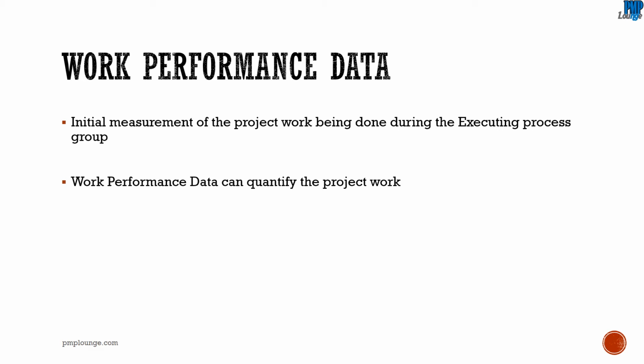A lot of data is generated during the executing process. It is related to the project work that is being done, and it can be quantified as the amount of work that is already done. So let's say 45% code complete by 1st of January. That is work performance data.